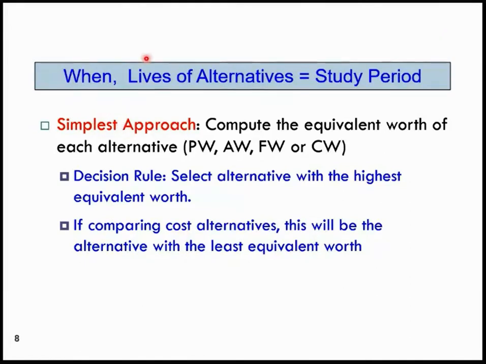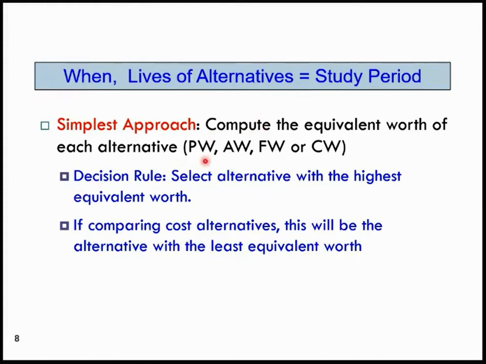Then we learned how we compare alternatives when the lives of the alternatives are equal to the study period. For this case, the simplest approach is to use one of the equivalent worth methods: present worth, annual worth, future worth, and so on.